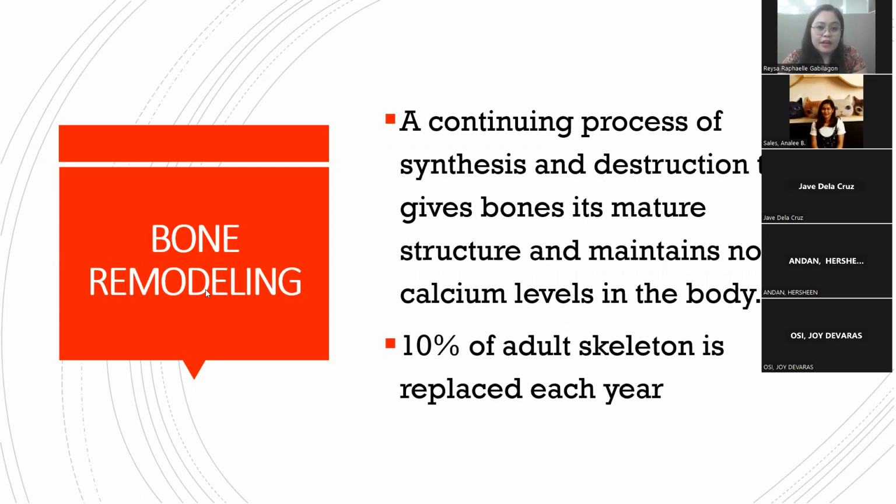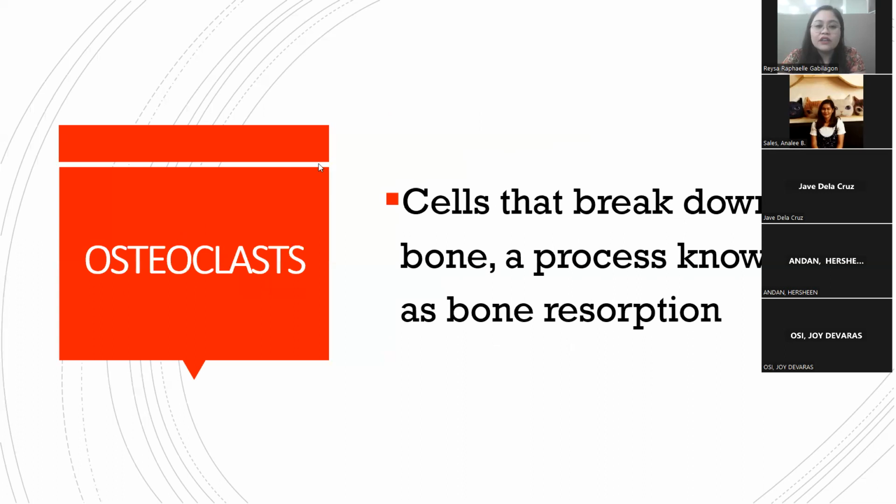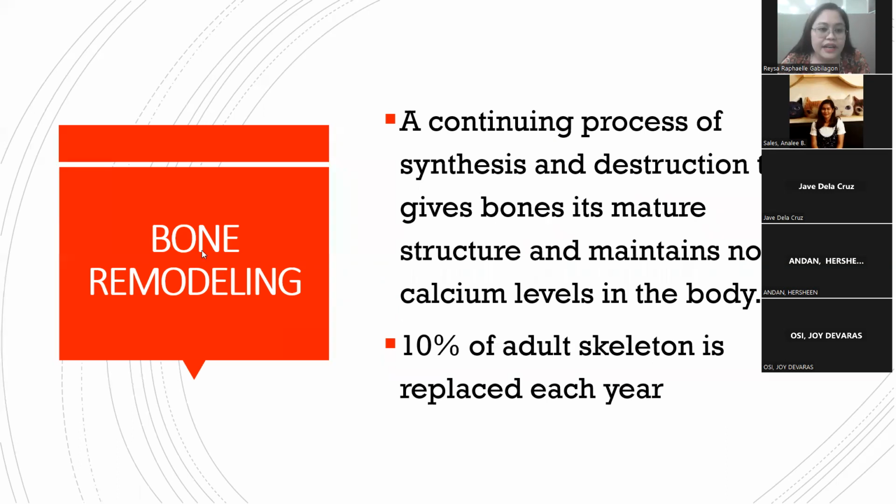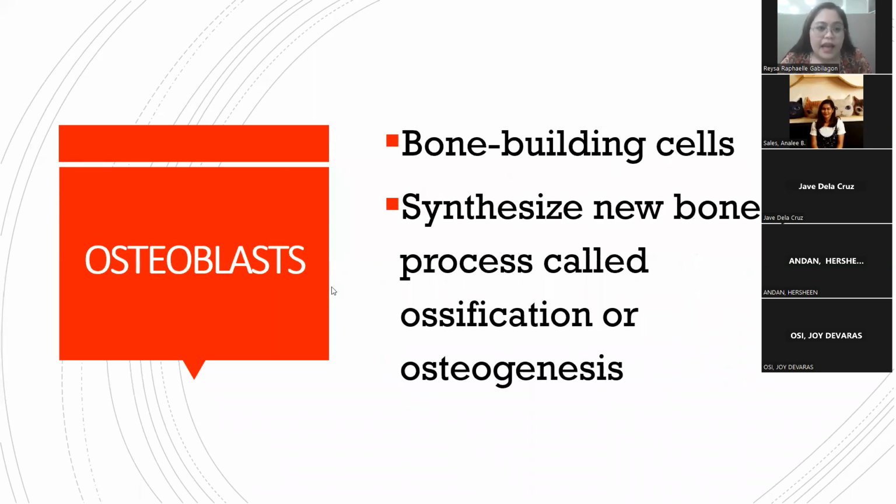So remember, in the remodeling process, destruction is included before you can synthesize new bones or skeletons in the body. Again, the one responsible for breaking down our bones are called the osteoclast. The process is called bone resorption. So if you hear the term bone resorption, it means our bones are being destroyed inside by the osteoclast. And the process is included in the bone remodeling.